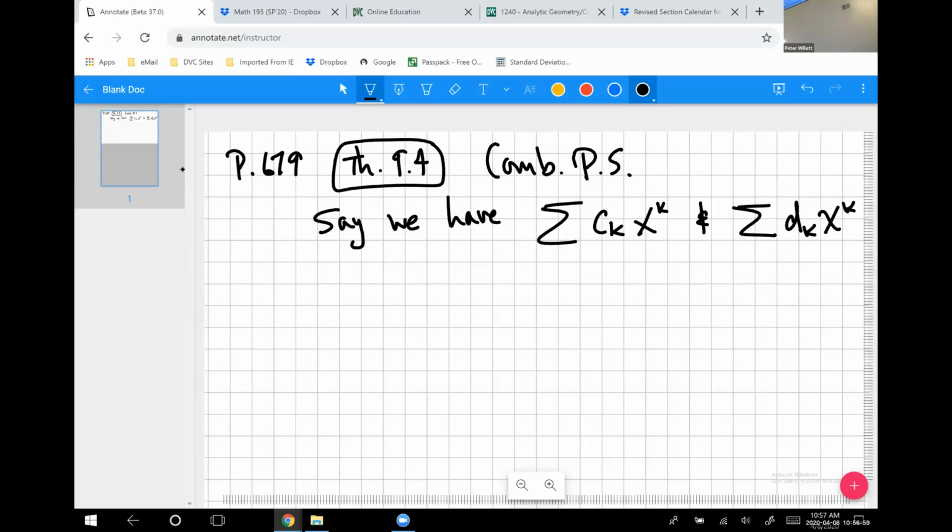Again, each of these is a polynomial, and for this purpose they've done it in the simplest form where a is 0, but of course we could have some other a value in there. So let's say these converge to f of x and g of x.